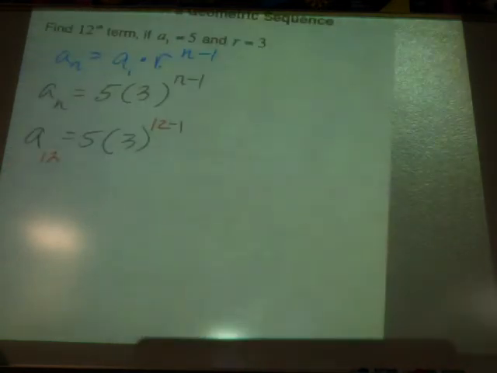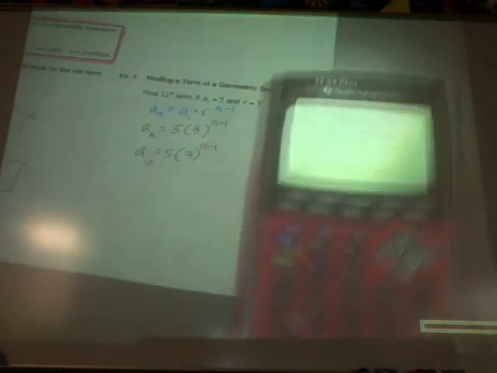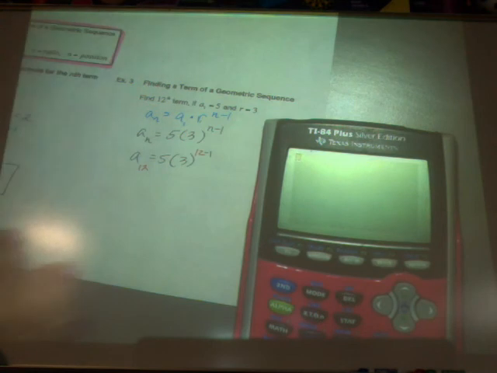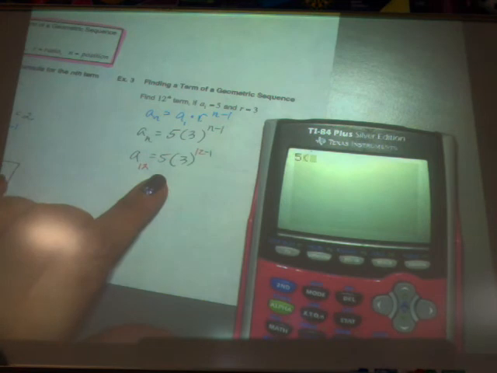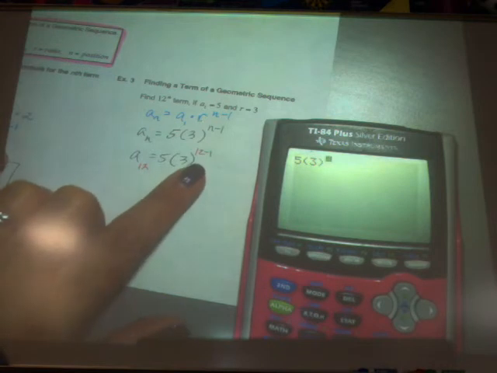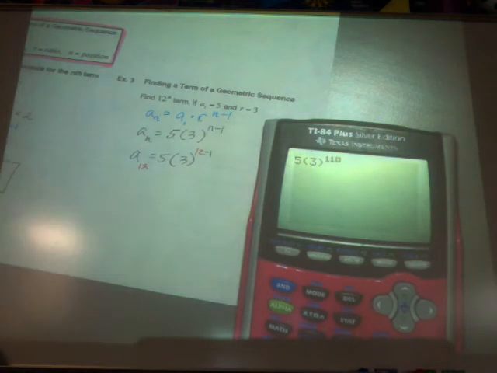So if you're using your graphing calculator, use your parentheses, right? So you don't have to do these separately. So 5 parentheses, 3, use your caret button. What are you going to raise it to? I mean, I would think you could do that, right? At least that much. So raise it to the 11th.